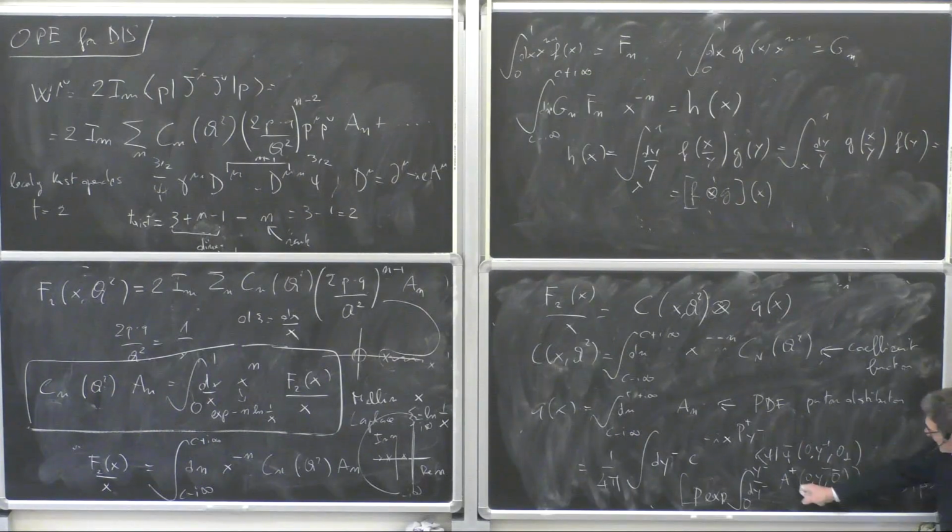Okay, so I'm taking A plus y minus because the scalar product of A plus and y minus is non-zero.